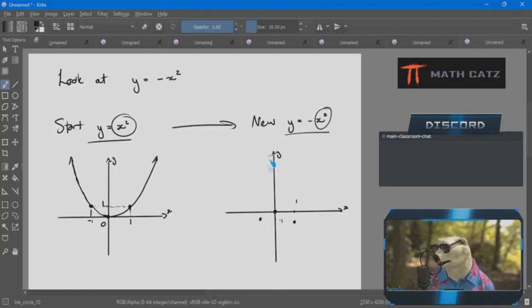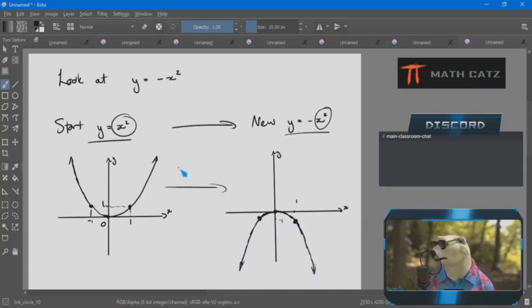So the y value size is the same. It's just negative. So my parabola is going to be pointing down in some wobbly way. So bad at drawing. There you go.